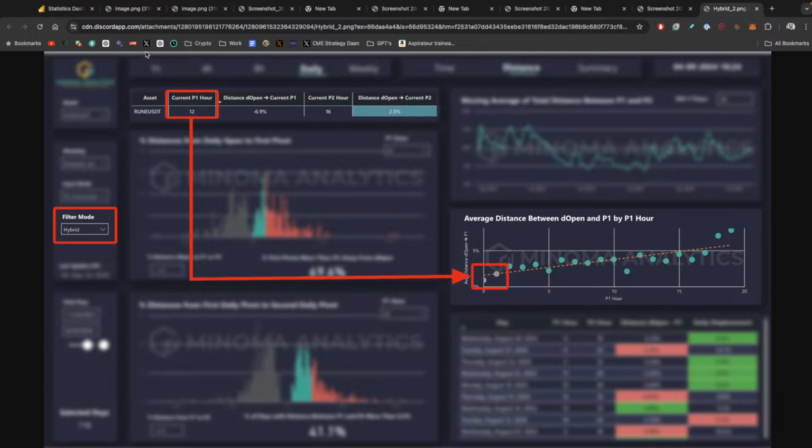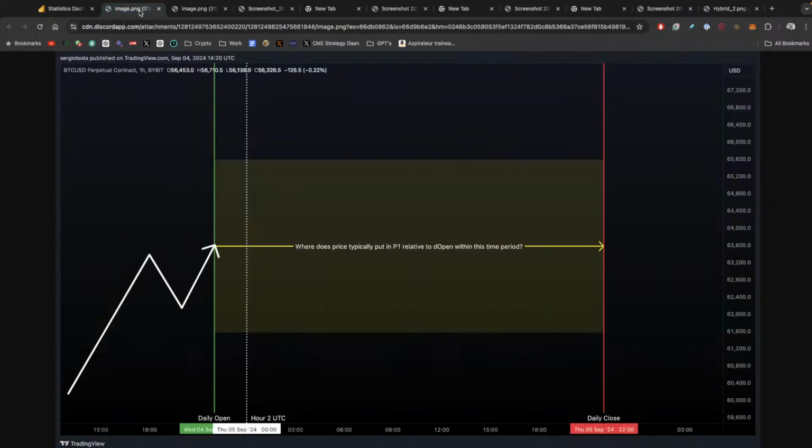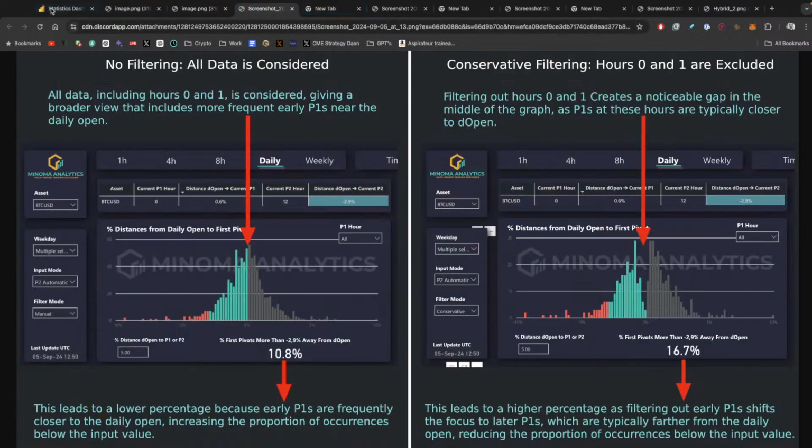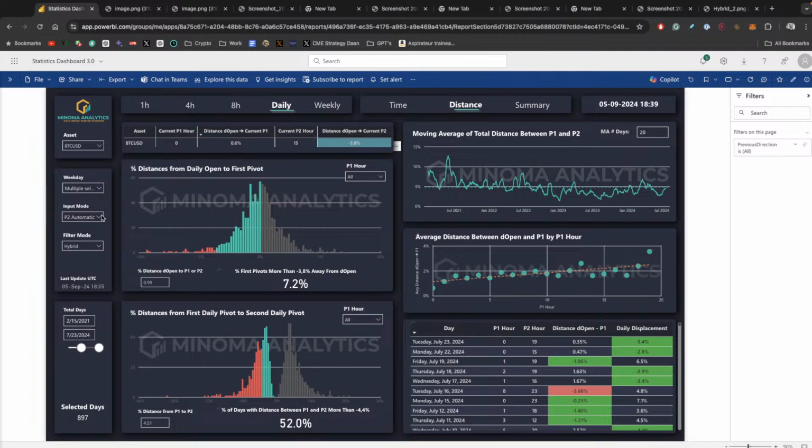So once again, to recap, we have now explained everything about the filter mode, about conservative filter mode and normal filter mode, when to use normal filter mode and conservative filter mode. Again, there's a whole tutorial on it. I definitely recommend reading it further, but the gist of it in the end with hybrid filtering is that if you're leaning more towards manual filtering, what I would suggest is to use hybrid filtering, because that is basically manual filtering.